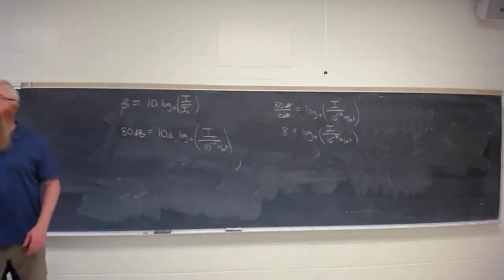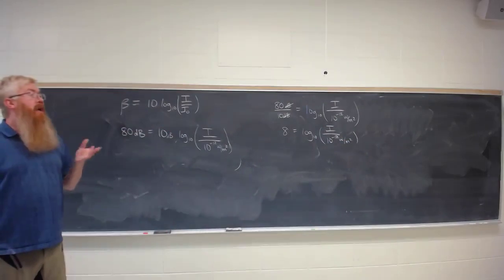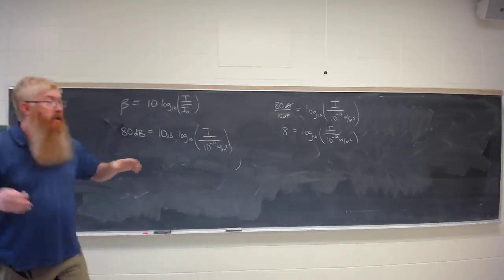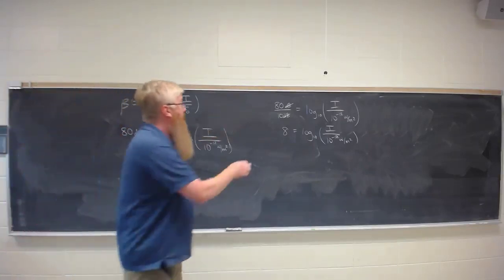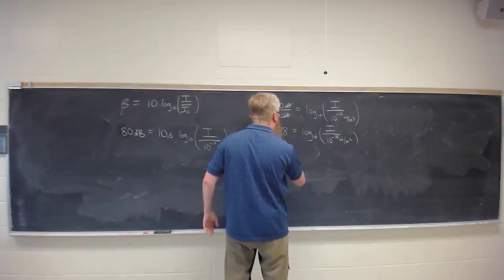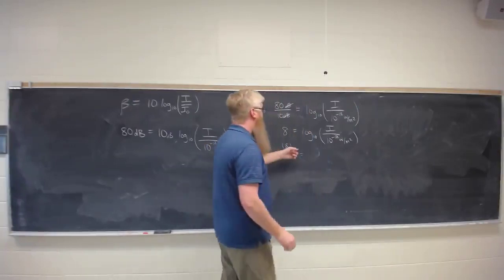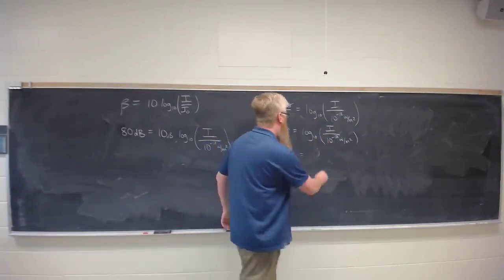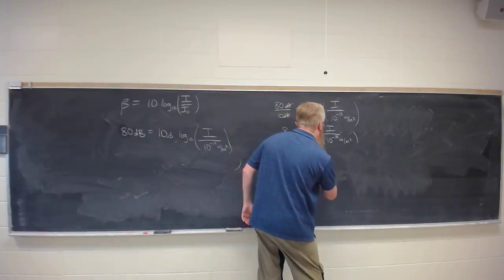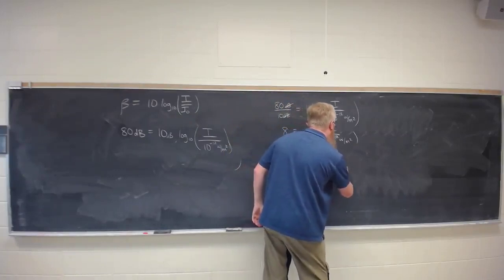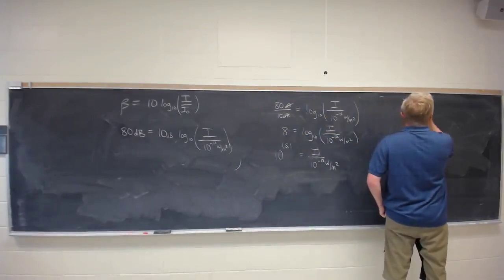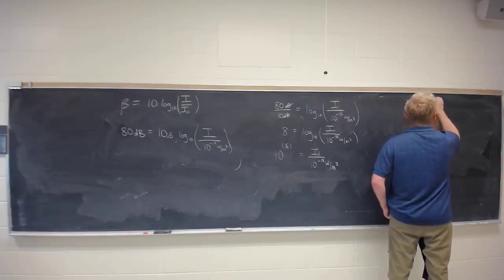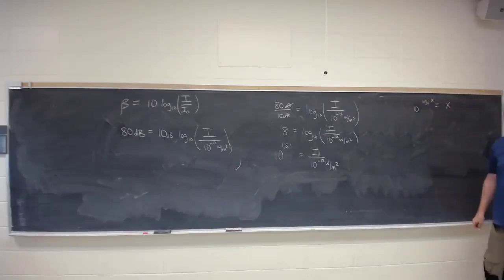Everyone follow my math so far on that? The way to get rid of the log on the right-hand side is to do the power on both sides. So take that to the power of 10 on both sides. On the left-hand side, you have 10 raised to the 8th power. On the right-hand side, you'd have 10 raised to the log of that, where the 10 and the log cancel, and you end up with just I over 10 to the minus 12 watts per meter squared. Because 10 to the log base 10 of x is equal to x.